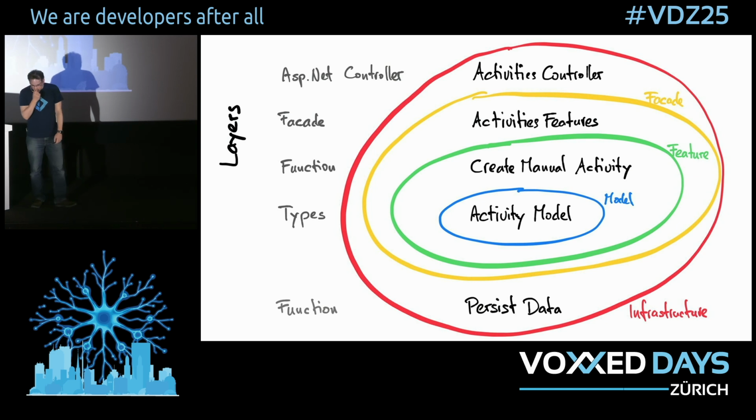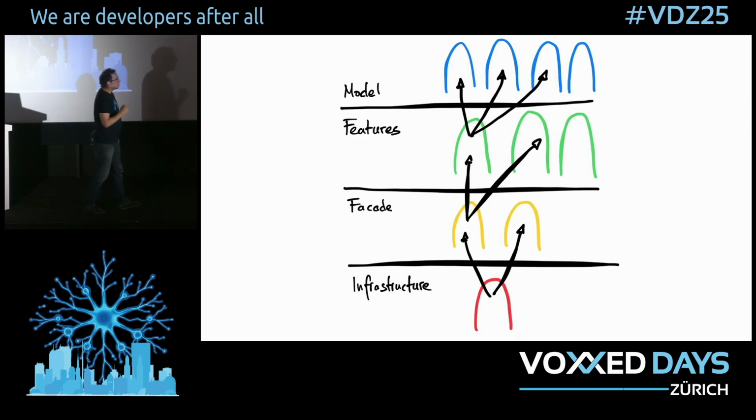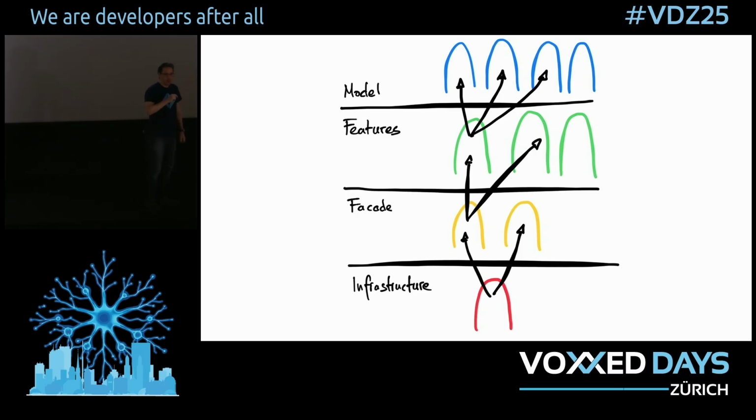One thing we noticed is that there is not a one-to-one relationship of slices between the different layers. So when you start in the outermost layer, the infrastructure, here shown at the bottom, and I call this activities controller, it does not only call the function to really write the activity in the database, it also calls into the audit trail slice.